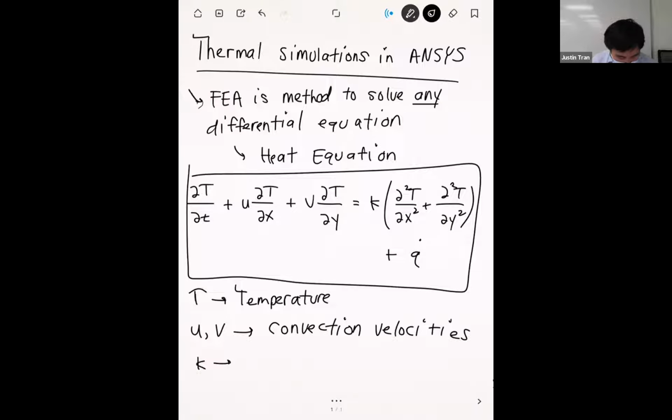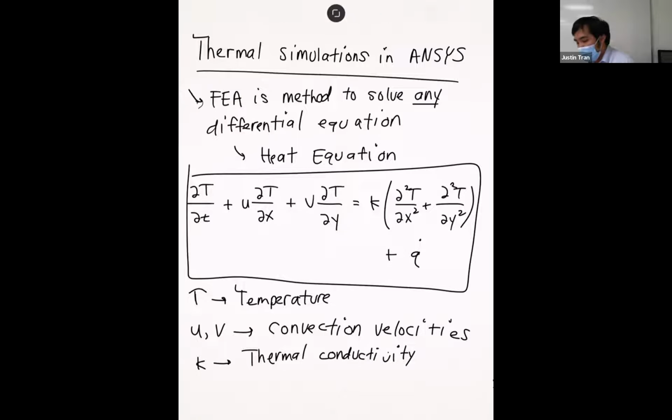K here is the thermal conductivity. The thermal conductivity is probably our most relevant material property here.